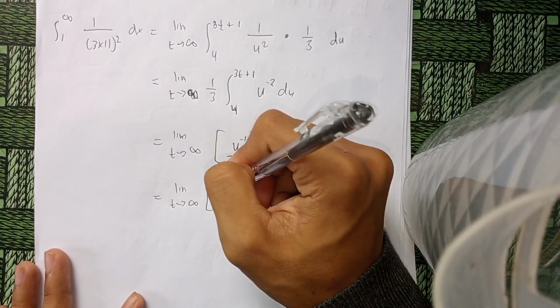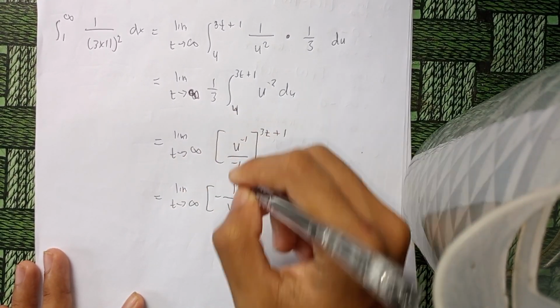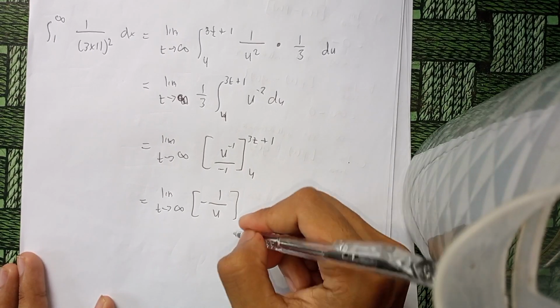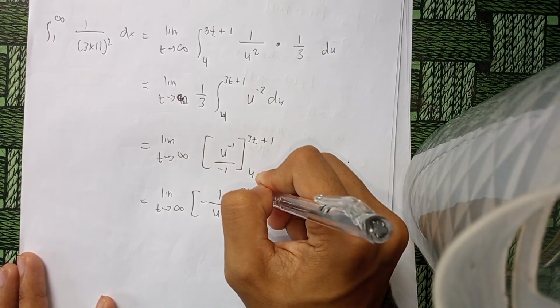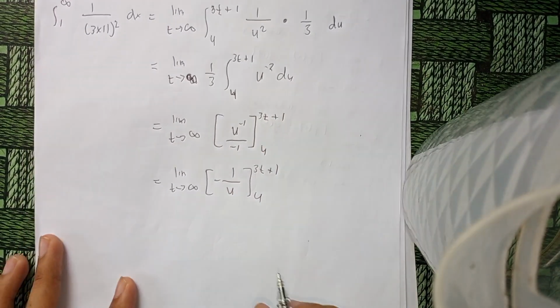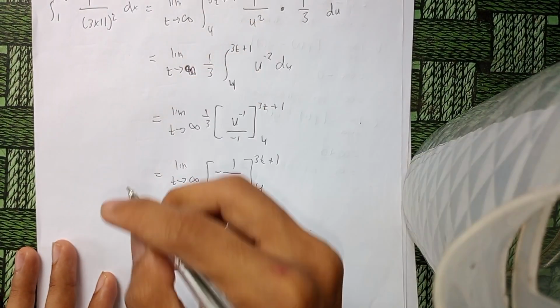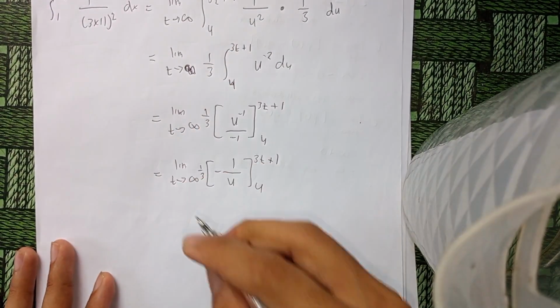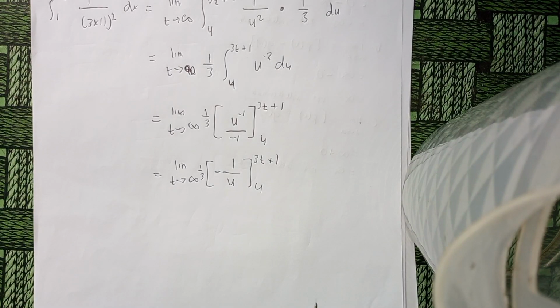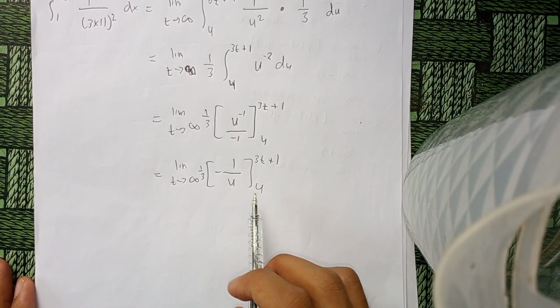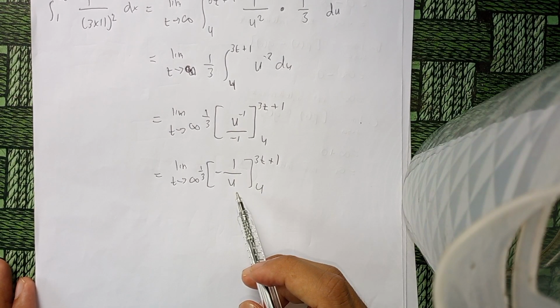So reciprocate again, negative. And after that, no, we forgot to write the 1/3. Then after that we will put the value of u.